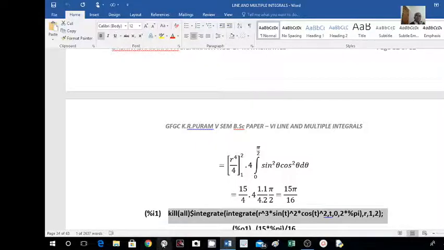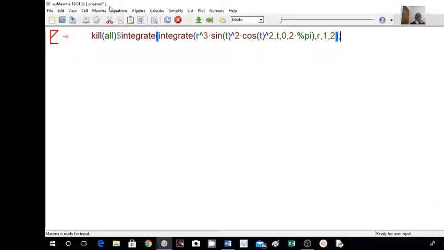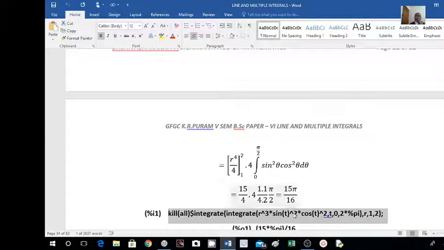Go to Maxima, paste here, Ctrl V, integrate r cube sin square theta cos square theta, where theta ranges from 0 to pi and r ranges from 1 to 2. Okay, execute, Shift Enter: 15 pi by 16. I am getting the answer 15 pi by 16.